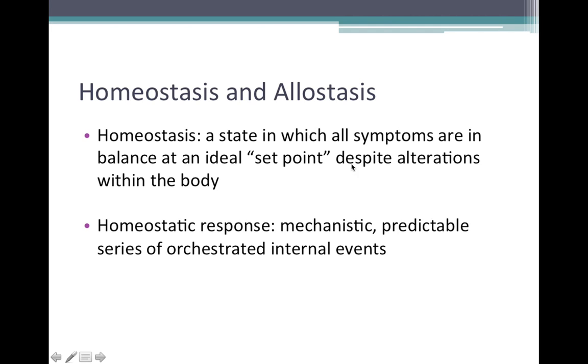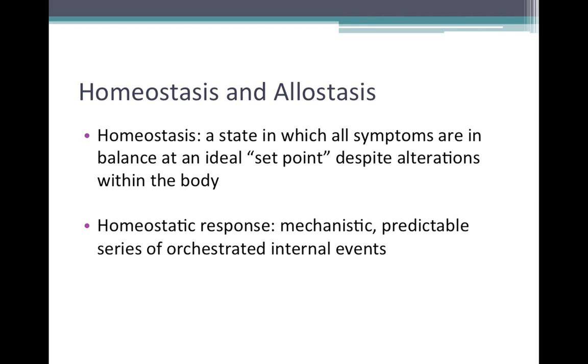Now, if set point is changed in some way, like if your body temperature becomes too low, away from set point, then we'll have an appropriate homeostatic response. And these homeostatic responses are mechanistic and predictable series of orchestrated internal events.